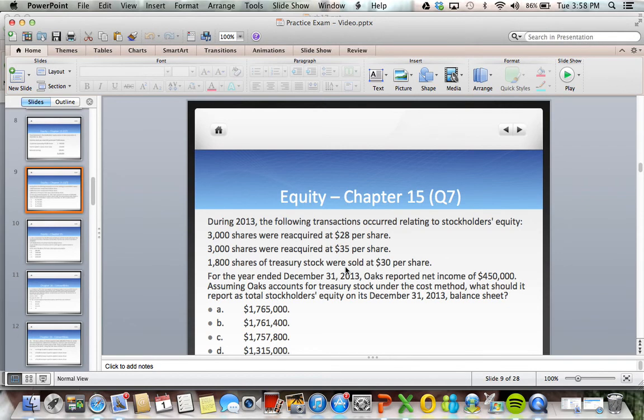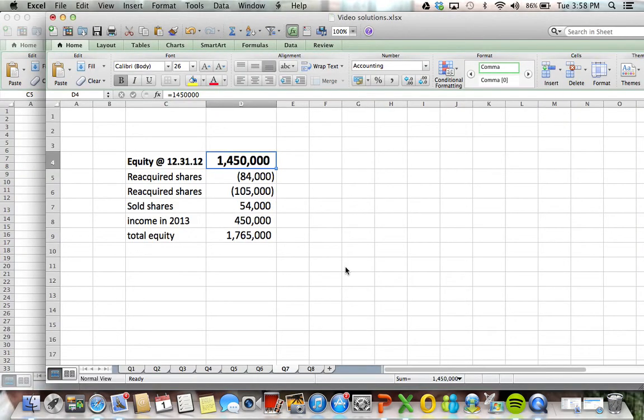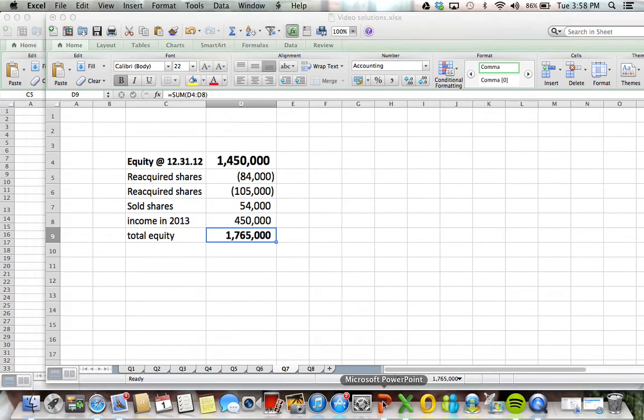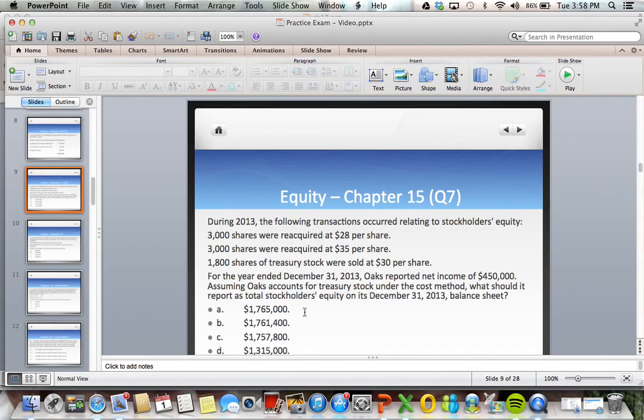And the income for the year, the total net income, is 450,000. So I'm getting this total updated equity here as 1,765,000. So going back to the question, the answer is A.